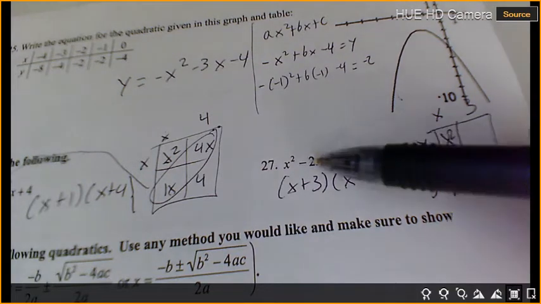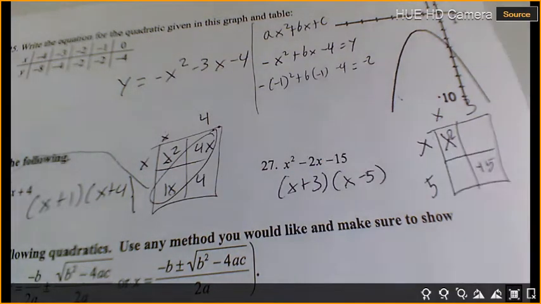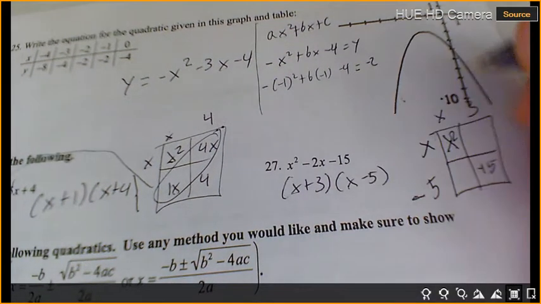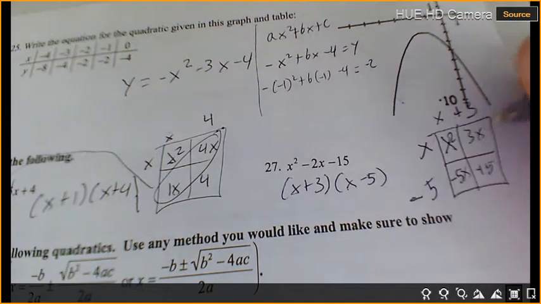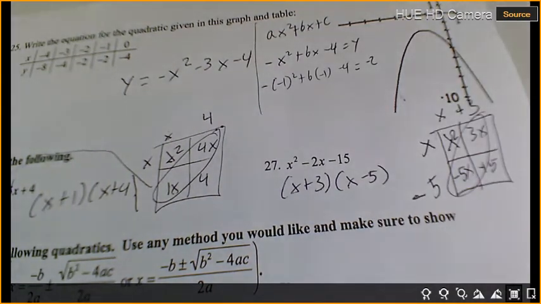So I get negative 2x. So when I add 5 and 3 together, I need to get negative 2x. So which one has to be negative? 5, because 5 minus 2 gives me 3, and 5 minus 3 gives me 2, and I want a negative 2. So that has to be negative, that has to be positive. Because 3x and negative 5x adds together to give me negative 2x. So far, so good?